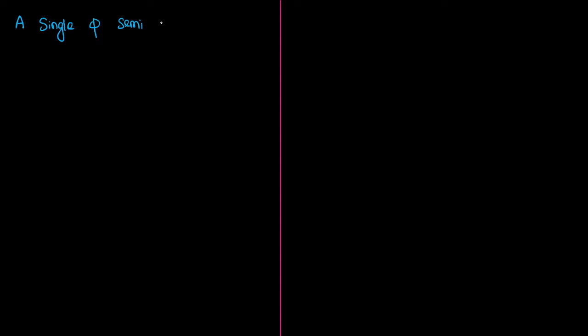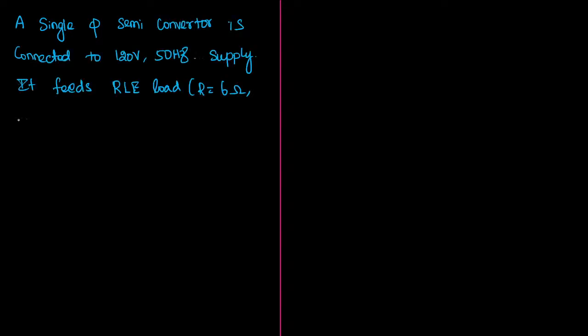Now the question is, suppose it is feeding an RLE load. Just read the question. The RLE load, where the value of R is given as 6 ohm, the value of L is given as 6 millihenry, and the value of battery E is given as 60 volts.